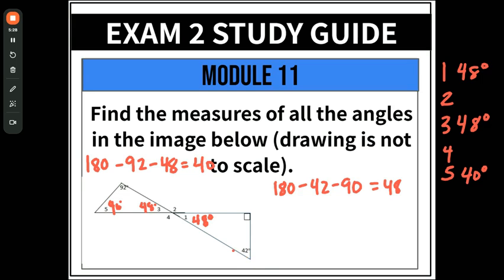I do know that this right here is a straight line, which tells me that angle 1 and angle 2 must add up to 180 because this line is straight. So if I know angle 1, I can take 180 minus angle 1, and that will give me angle 2, which is 132.